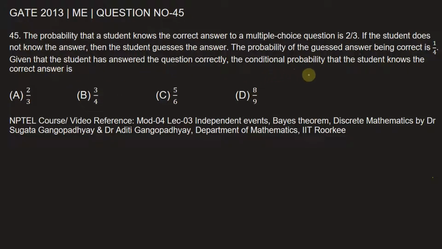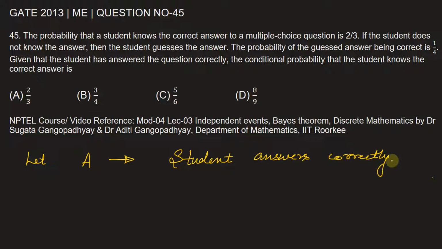So we need to find the probability that the student knows the correct answer. Let A be the event that student answers correctly. Let E1 be the event that student knows the correct answer.